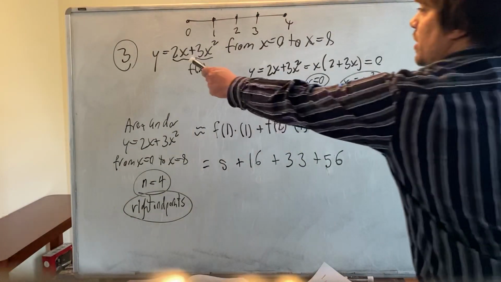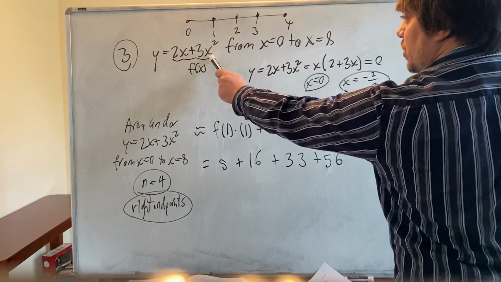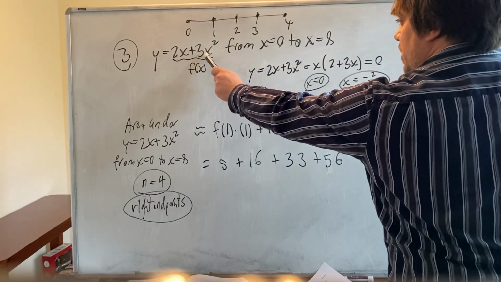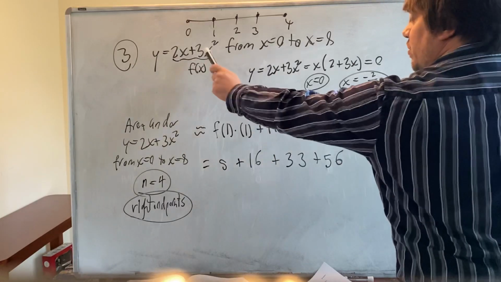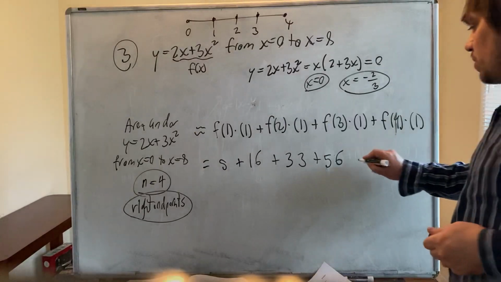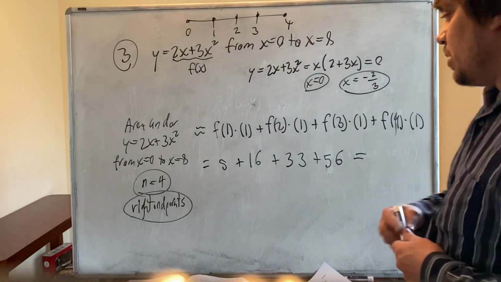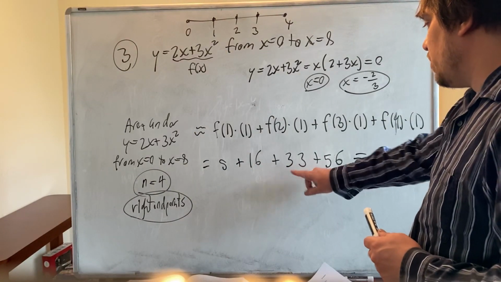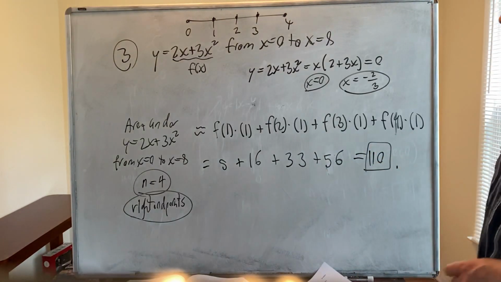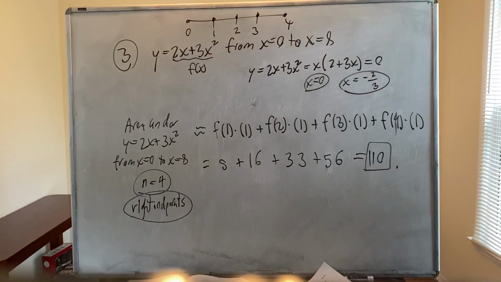So you add up those numbers, and you get 110. Okay, so we approximate it using 4 approximating rectangles and right endpoints, and we get 110. All right, so that's number 3.